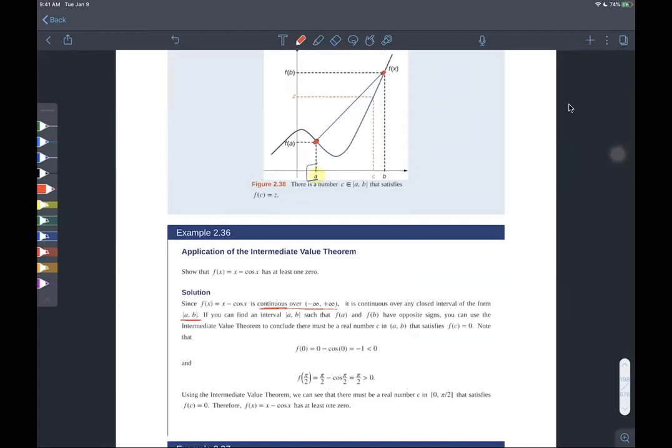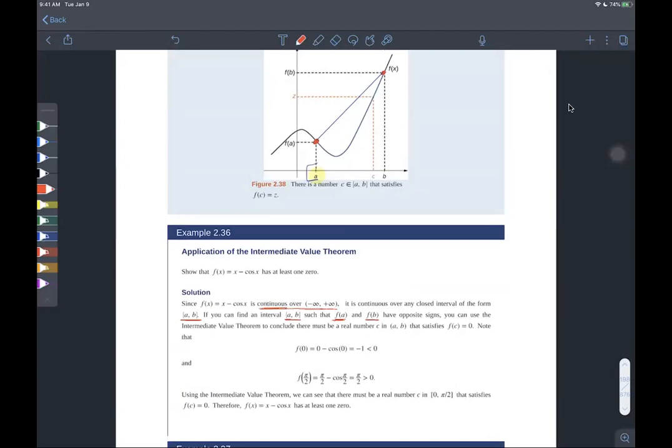If you can find an interval from a to b such that f of a and f of b have opposite signs, meaning one is positive and one is negative, then you can use the intermediate value theorem to conclude that there must be a real number c in the open interval from a to b that satisfies f of c is equal to 0.